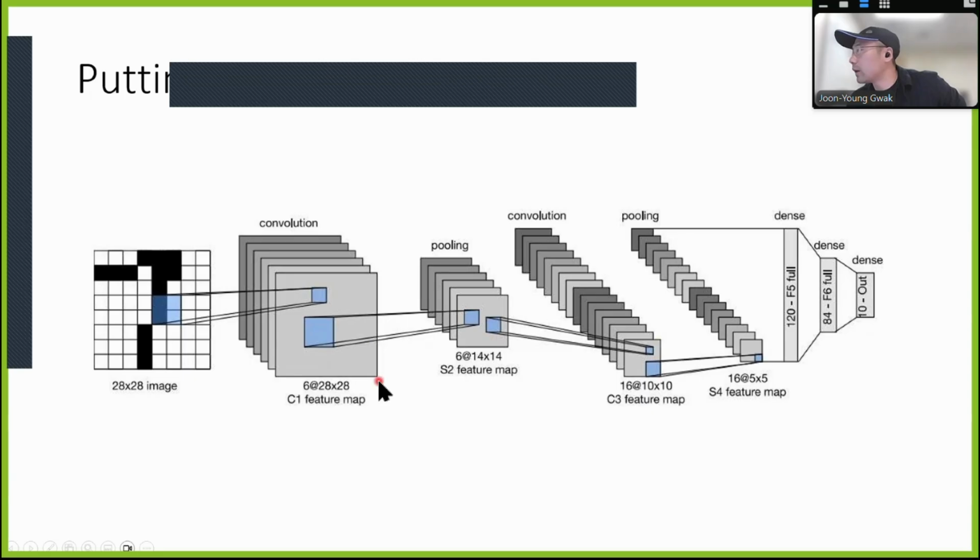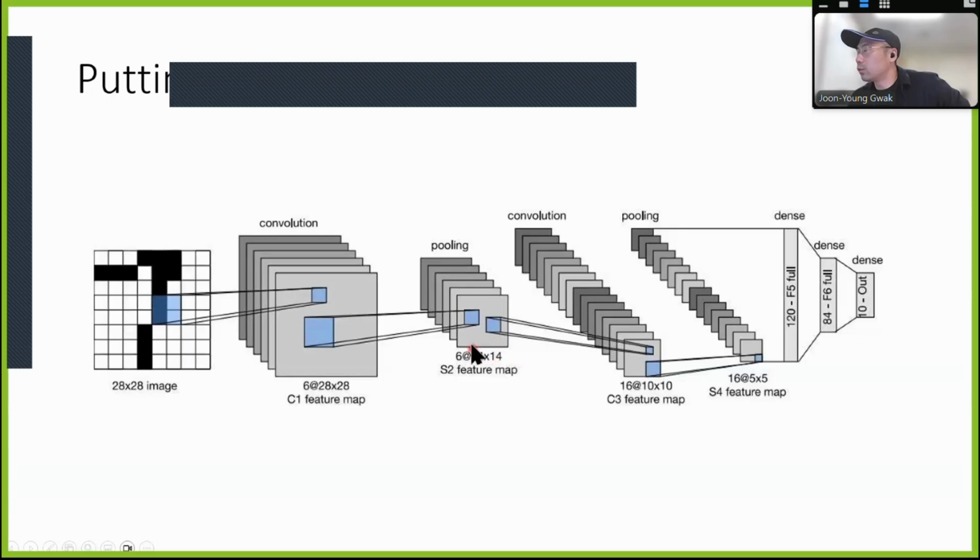And as we have seen, in the first C1 feature map, the dimension of the image, the width and the height, is preserved, but it's learning different features and it gradually decreases.